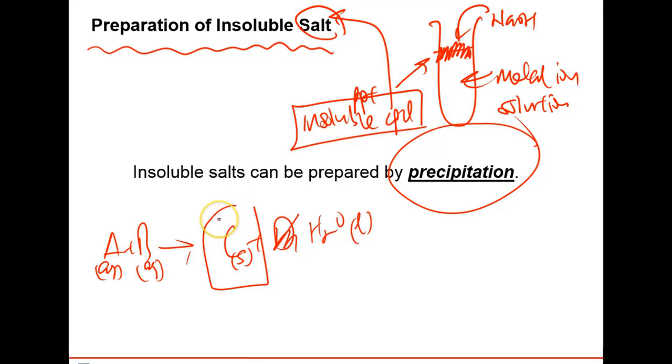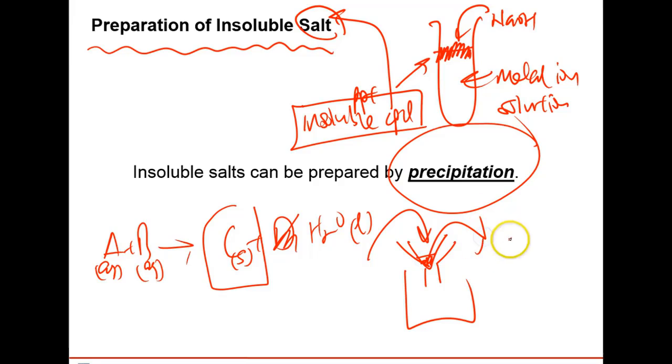To remove this solid from all the aqueous solutions, you just do a simple filtration, and you have your salt collected in one step. React two solutions together and filter the mixture, and you have the salt in one step. So insoluble salts are the easiest to prepare.